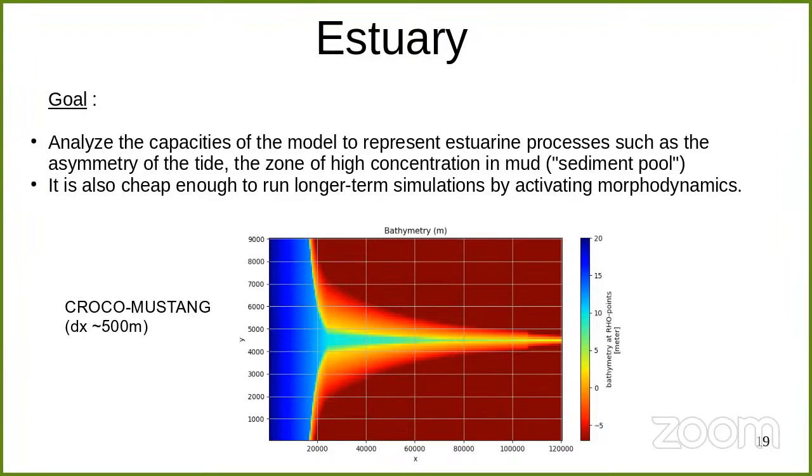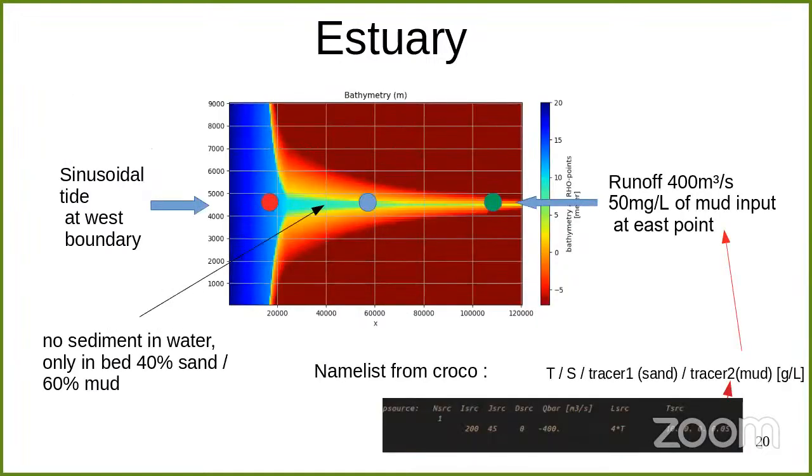So here we have the configuration of, like, something like 500 meter resolution, and I show you the bathymetry. And then on the next slide, yes, and you see the sine. We put some forcing with tide on the west boundary.